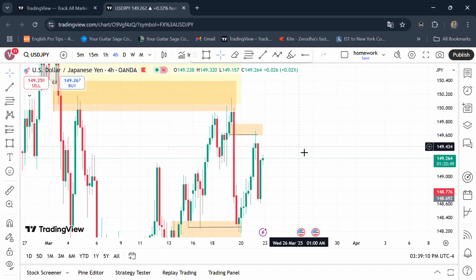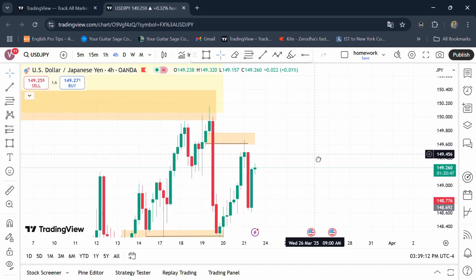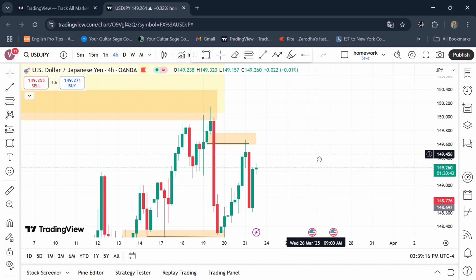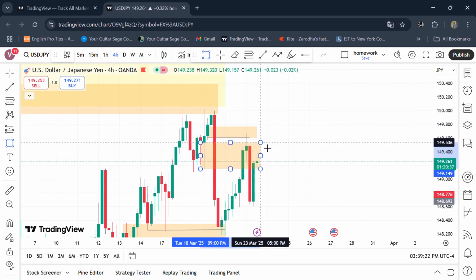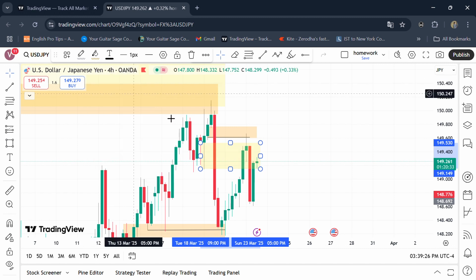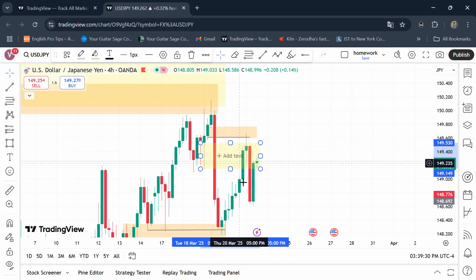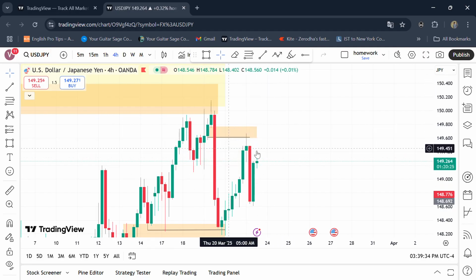There is nothing on 4 hour. So also this overlap region on 4 hour got respected because only the wick went beyond it. The bodies are still inside it. But while trading, what I considered was this 1 hour overlap.